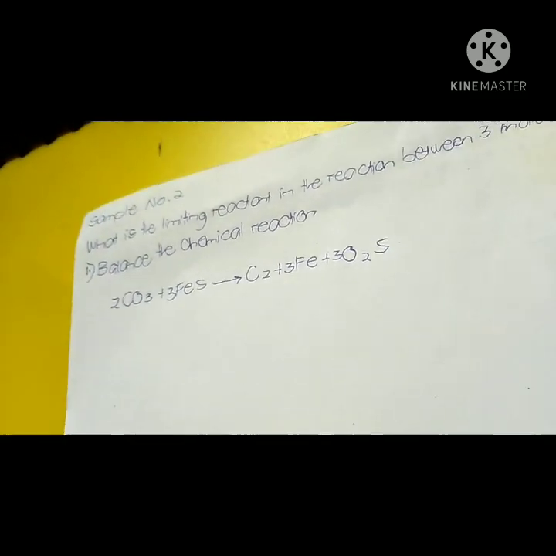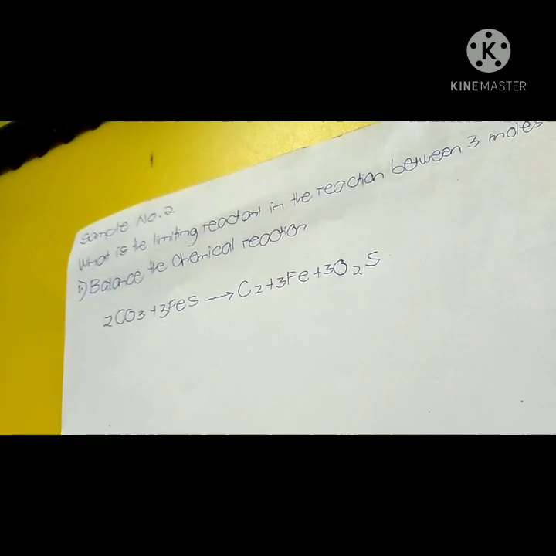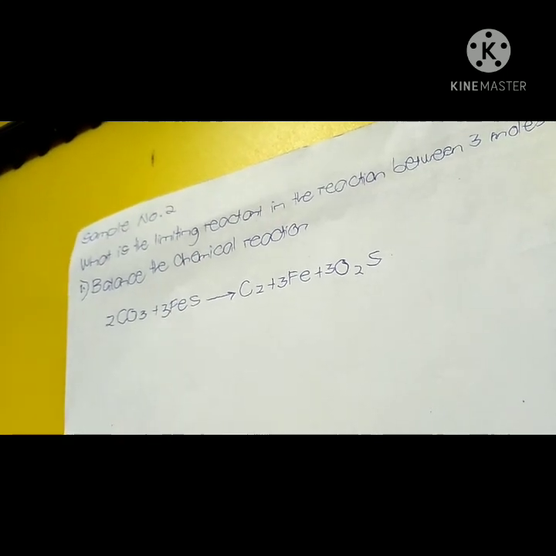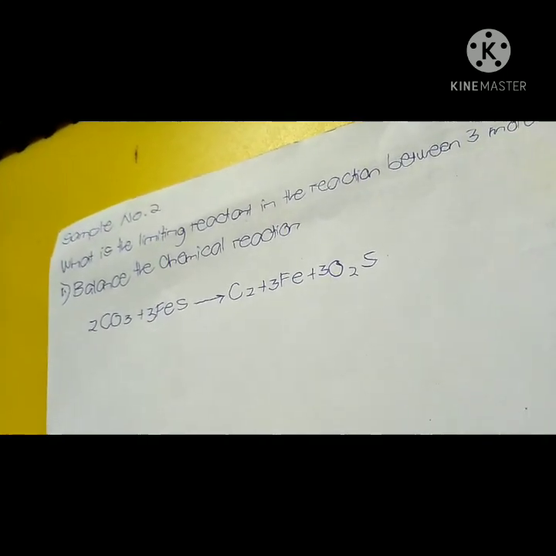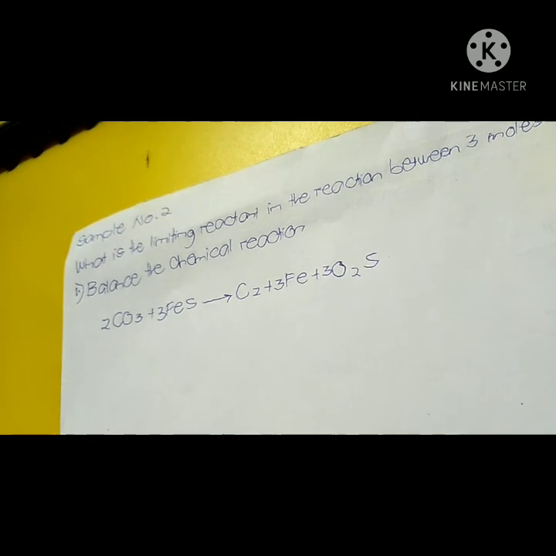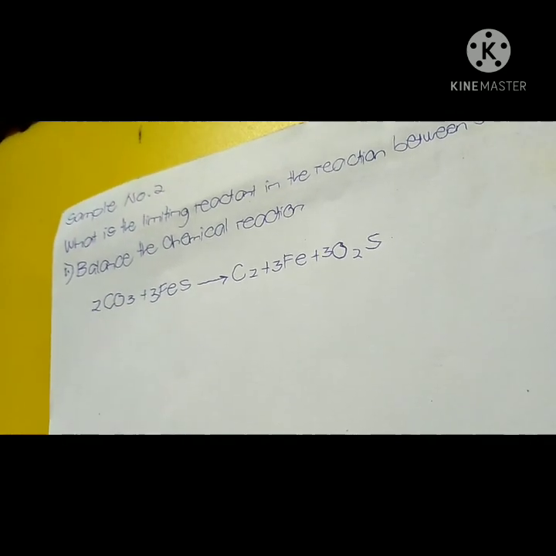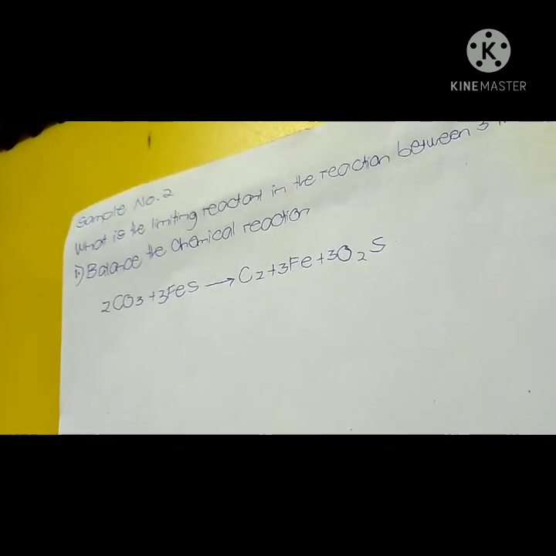The second thing that we want to do is to determine the limiting reactant by dividing the number of moles by the coefficient. The reactant that gives a smaller quotient will be the limiting reactant.